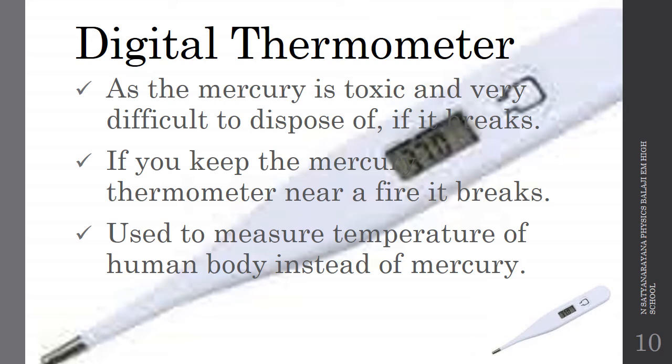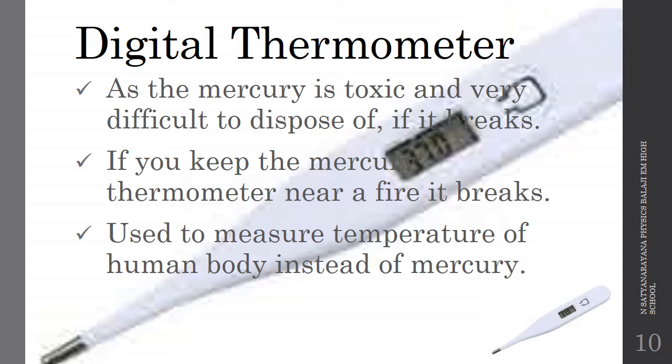Now, if you keep a mercury thermometer near a fire, how does it break? The fire temperature is very high, so automatically the bulb will break. That's the reason you should not keep thermometers near fire.